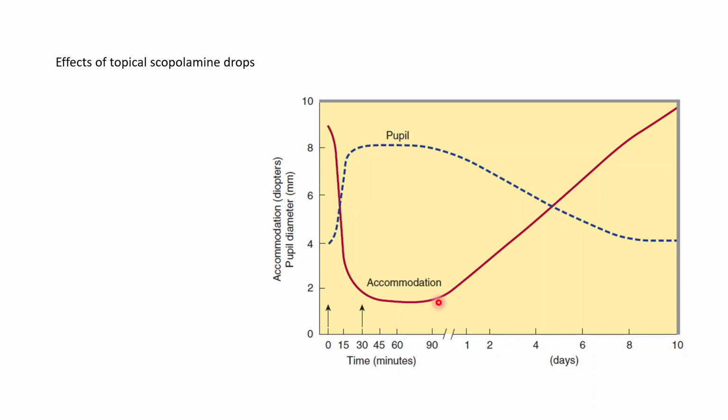And at toxic doses, atropine leads to cutaneous vasodilation, especially in the upper portion of the body. The mechanism of that is not known yet.